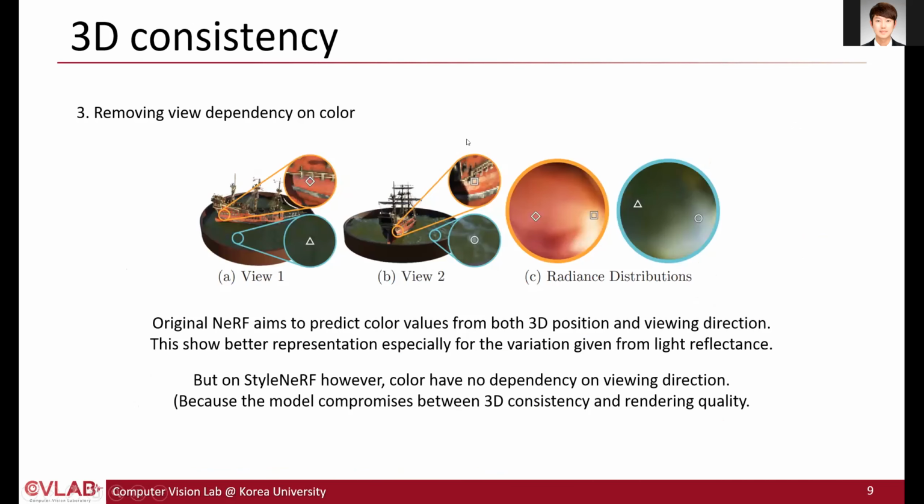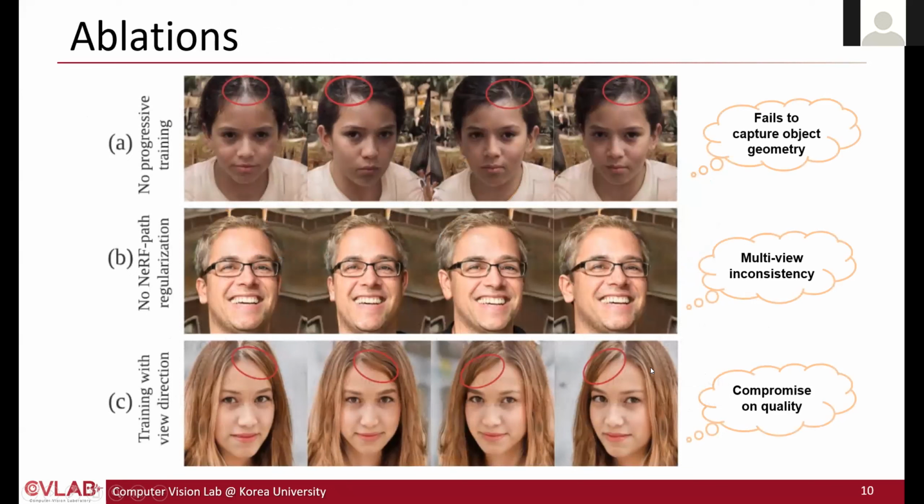So another thing is that NeRF's input direction changes the color value, so it should differ in the variation of light reflectance, but this can degrade the 3D consistency because the model can compromise toward realistic images.